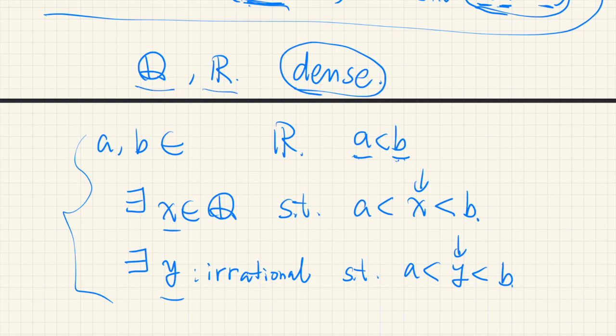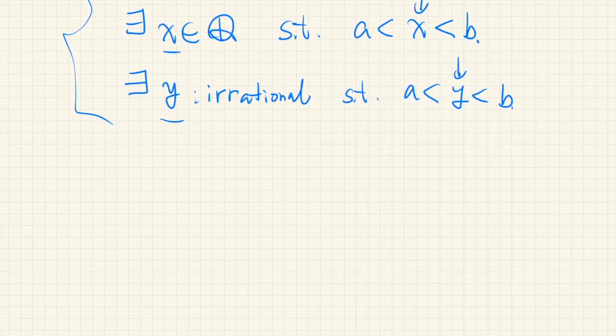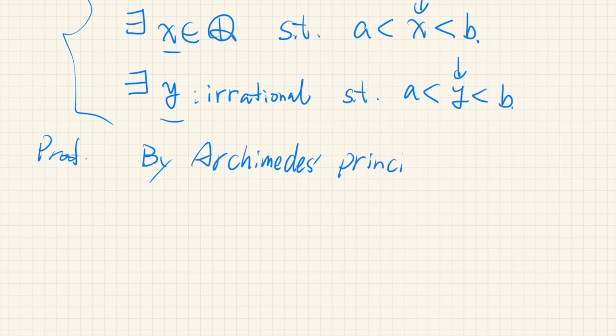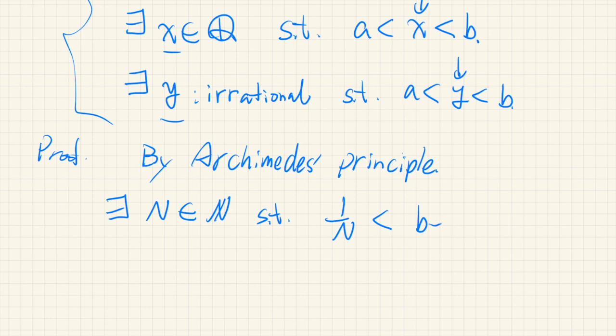Okay, so let's prove this theorem. First of all, by Archimedes' principle, there exists some natural number n such that 1 over n is less than b minus a.